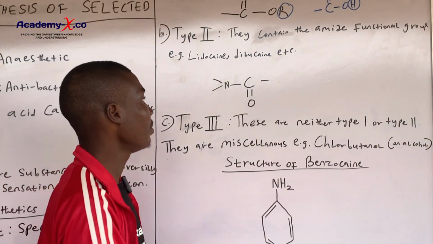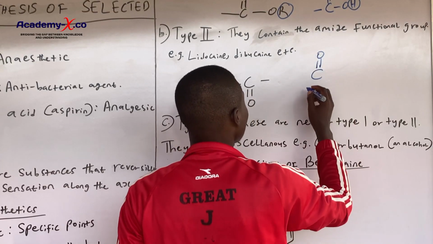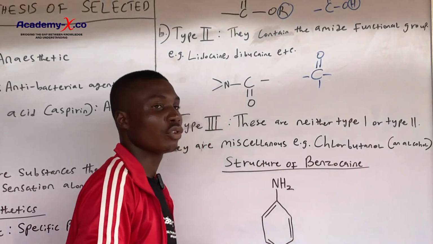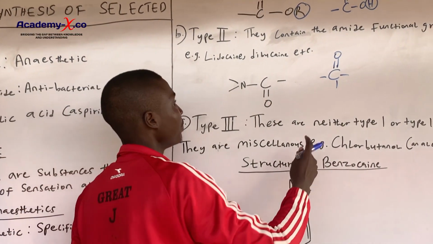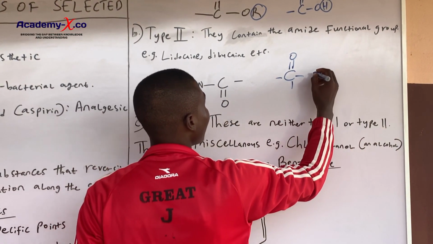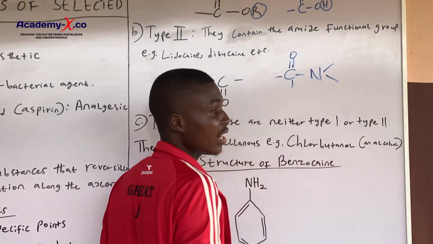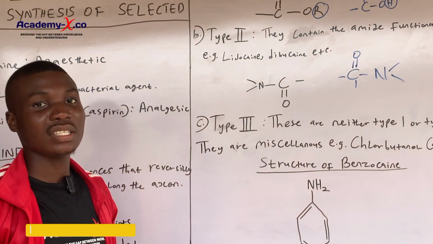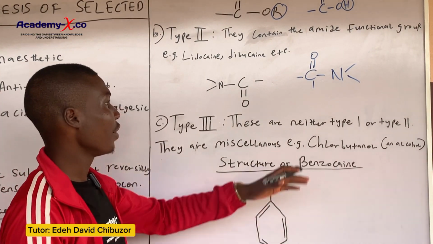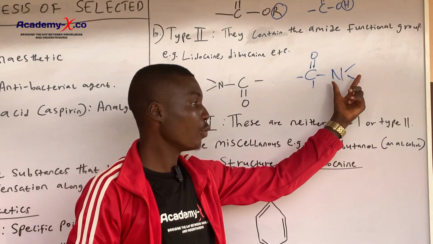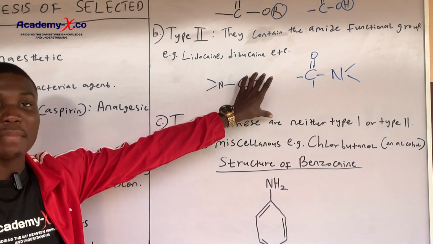So in pharmaceutical chemistry, when we have a group that has a carbon that is double bonded to oxygen, we call this a carbonyl group. When one of the bonds of the carbonyl group is replaced by an amine, which can be primary, secondary, or tertiary depending on how many hydrogens, what you have is an amide functional group.